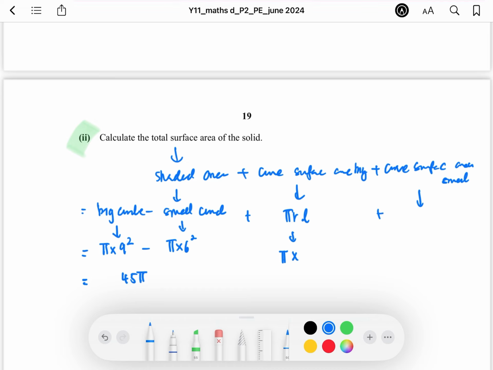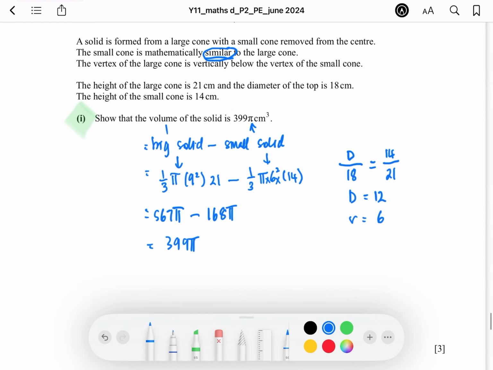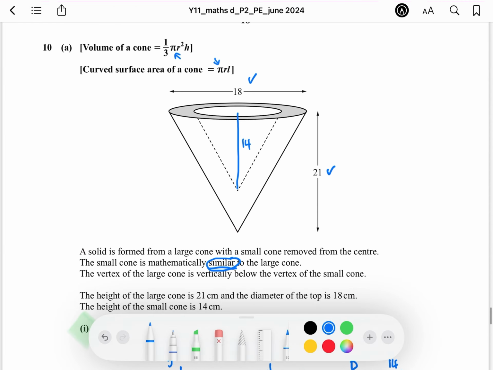Just the same thing. Pi RL. So the radius of the big is 9 times, you don't know what L is. Same thing with this one, pi times 6. We don't know the slanting height of the bigger one, slanting height.